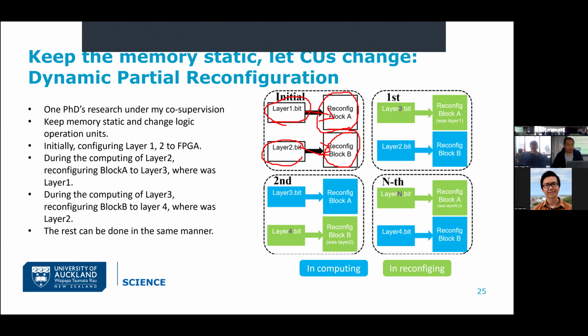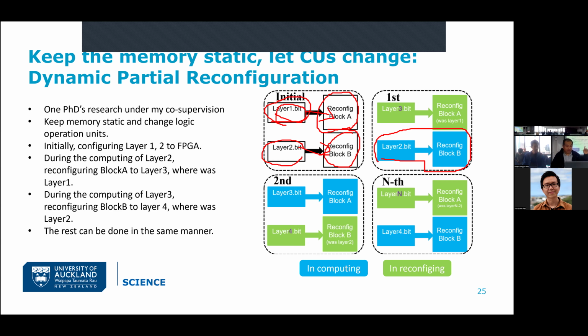Initially we have the layer 1 and layer 2 computation units. I skipped a bit, but then we start to run the layer 1 computation. After that, we compute the layer 2 operation. This is marked as blue.